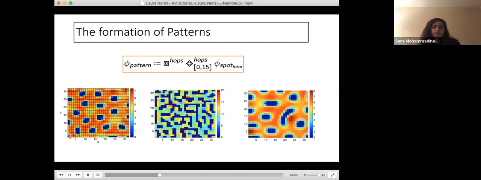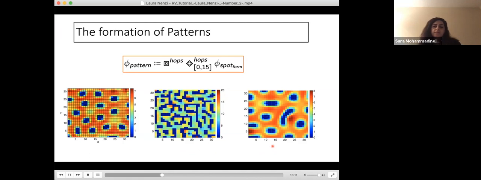Here we can see 3 different patterns that we can derive from the same reaction diffusion system, changing the diffusion constants. The first one is the one that we have seen before, and that permits us to have a pattern with the spots. If we change just a bit the diffusion constant, we can have very different patterns, as the one in the middle, and some similar but with a bit different kind of spot as the one on the right.